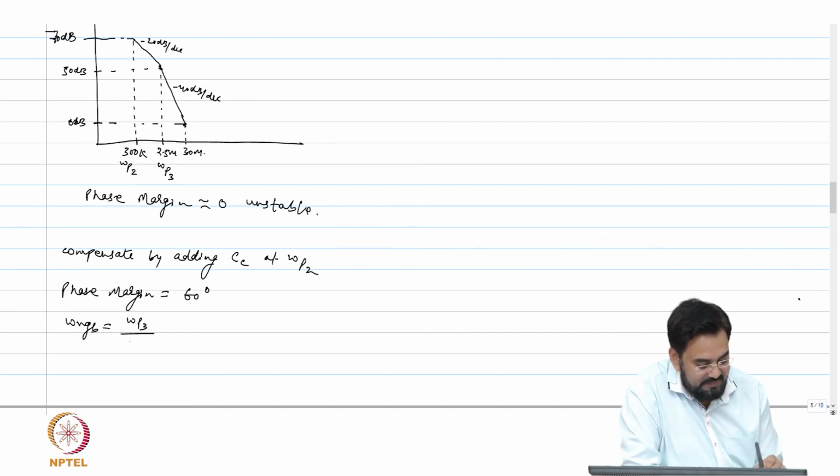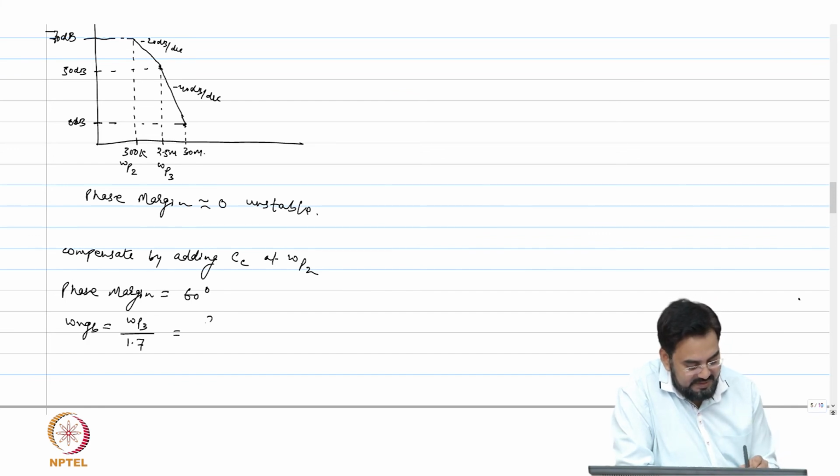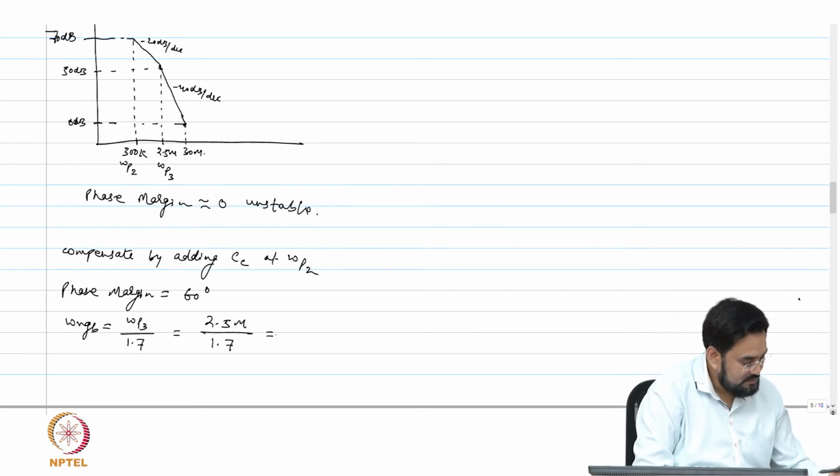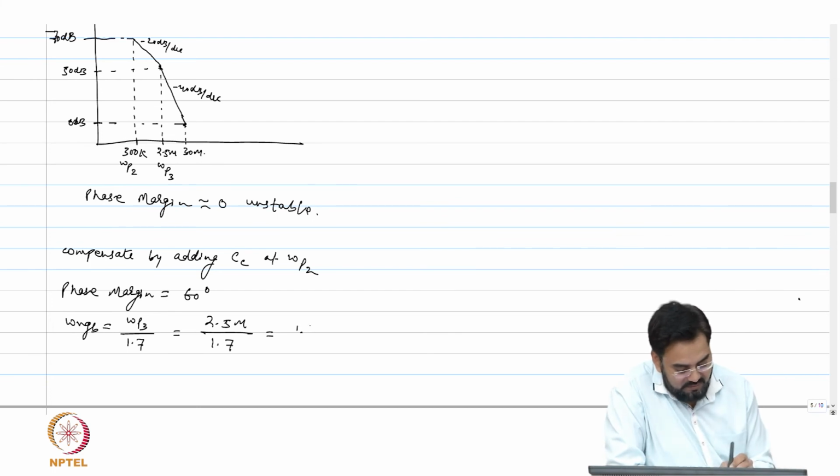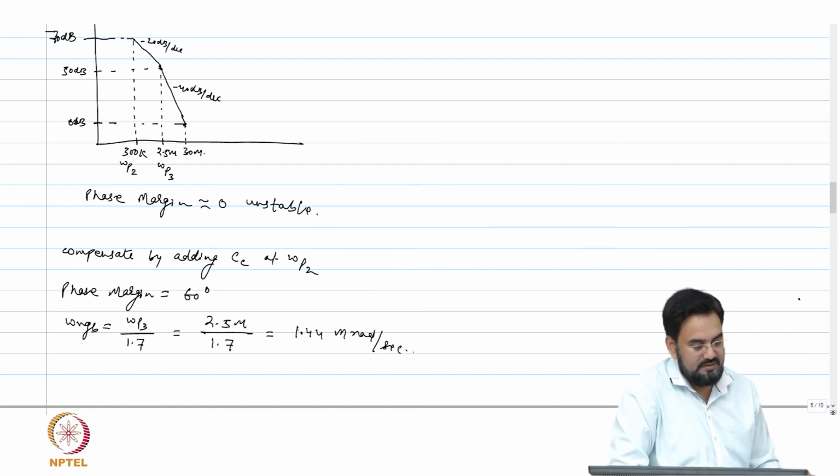Omega P3 divided by 1.7. Omega P3 is known, 2.5 mega over 1.7. How much is this? So 1.44 mega radian per second.